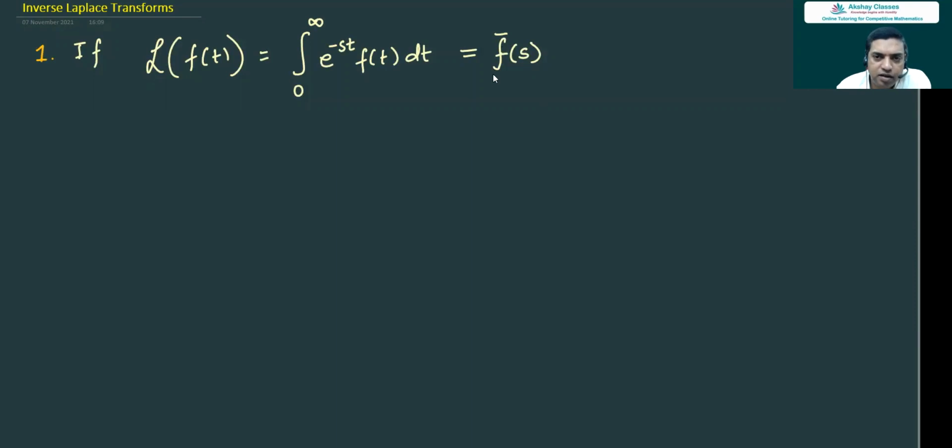So f bar is the Laplace transform. Then f of t is the Laplace inverse of f bar of s.